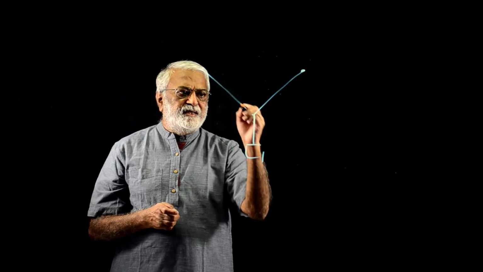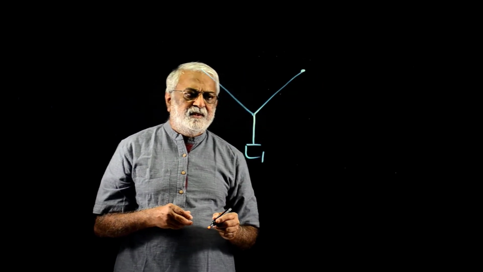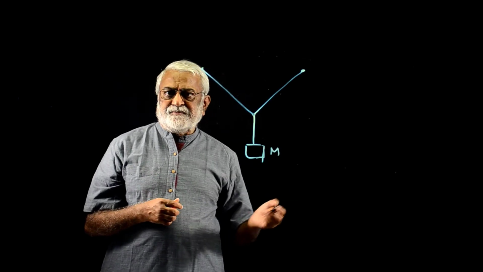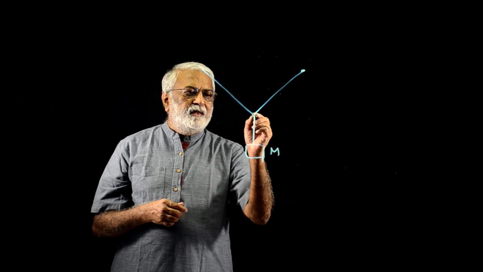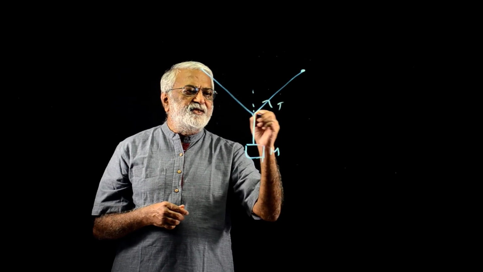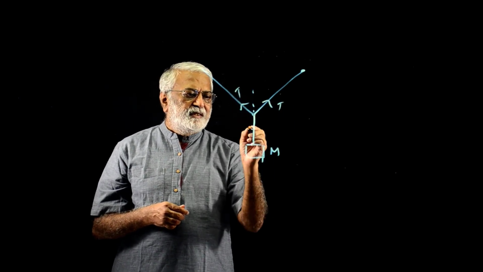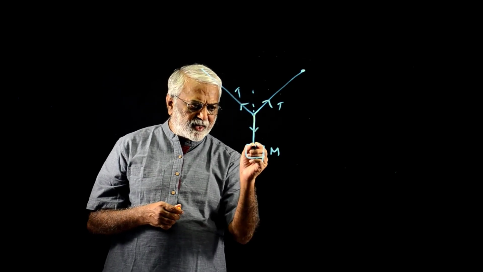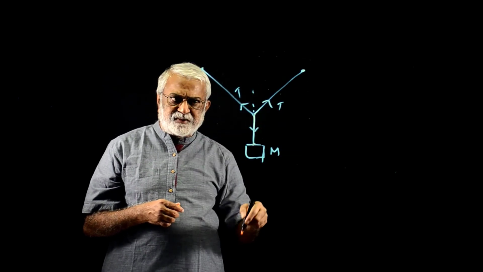Suppose we have a situation like this. We have a large weight hanging from two supports, say at the same horizontal level. Strings are of equal length. There's a block of mass m. If T is the tension here, the tension in the lower segment will be equal to the weight of the block, right? The block pulls on the lower end of the rope with the force mg downward.